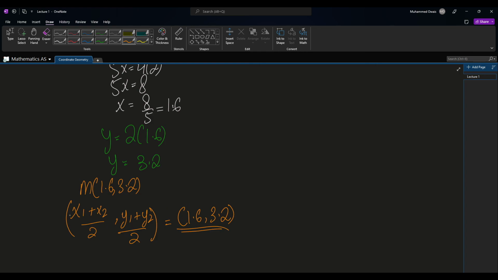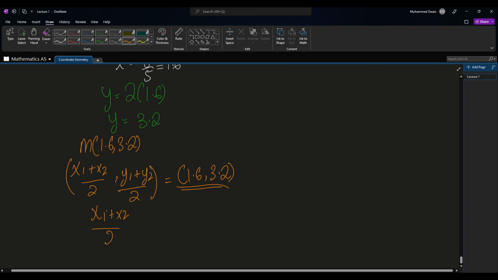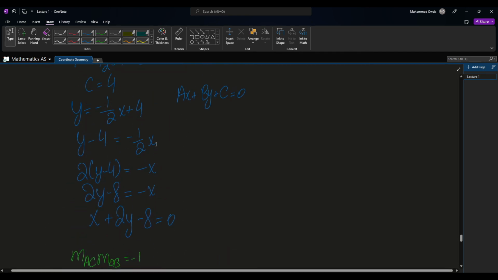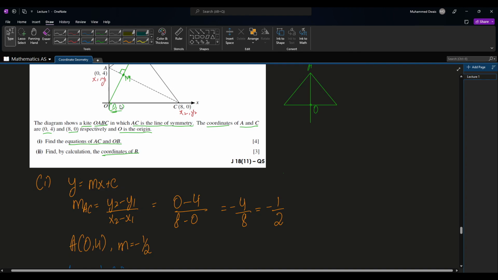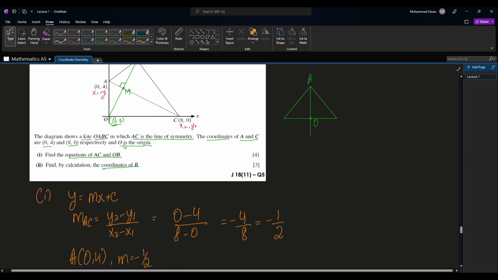Now then, we know that x1 plus x2 over 2 gave us 1.6. So what I can say is x1 plus x2 over 2 is equal to 1.6. Now then, we have one of the x1 values, which is 0, because of the O, right? This O can be used, as this O would have helped us find the midpoint if we had the B as well.